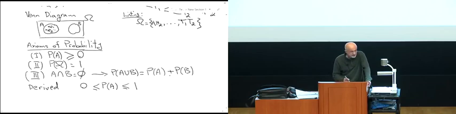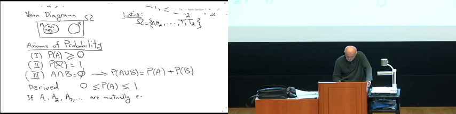And we also extended the additivity property, and we said that if A1, A2, A3, and so on are mutually exclusive, then what can you say about the probability of their union?